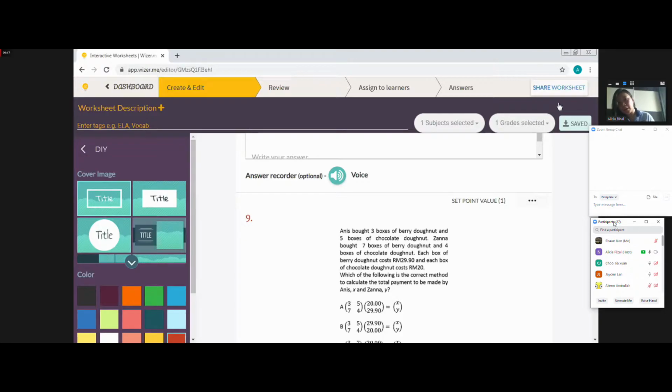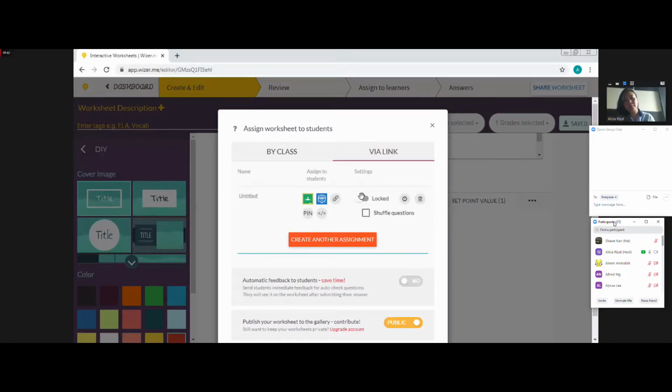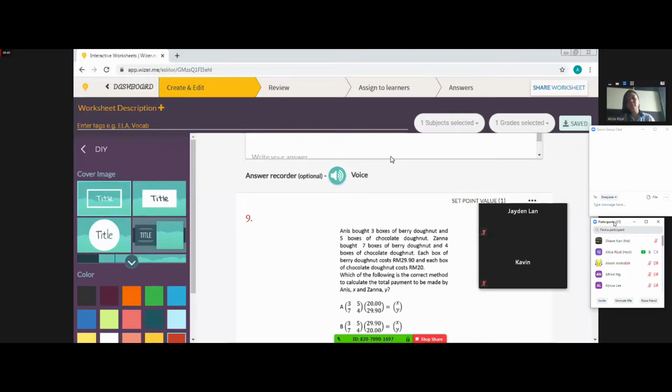Alfred, is it? Jaden, I have not marked. I only marked the 3 of you. Maybe because I locked the assessment, so you cannot open it. Okay, wait, let me unlock. You want to see it now? I open up. Now I think you can see.